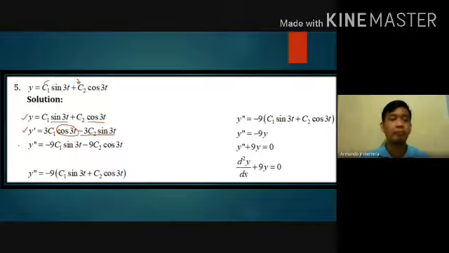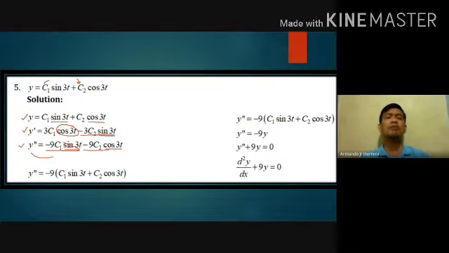Second derivative. Derivative ng cosine is negative sine 3t times the derivative of 3t is 3 times 3 there is negative 9c1 sine 3t. Derivative of sine 3t is positive cosine 3t times the derivative of 3t is 3 times negative 3 there is negative 9c2 cosine 3t.